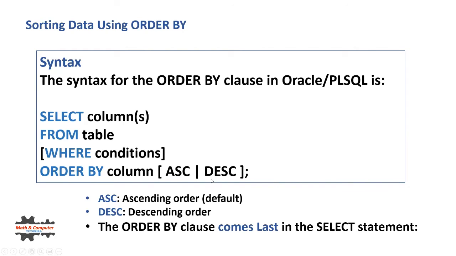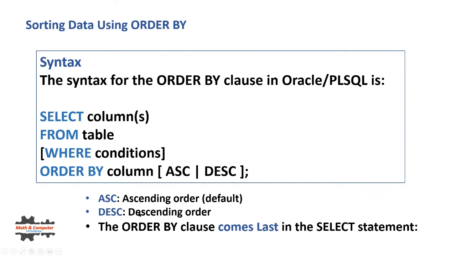Then you have the arguments, ascending or descending, but these are optional. If you do not include these arguments, then by default it is in ascending order. Descending order is the reverse of ascending.